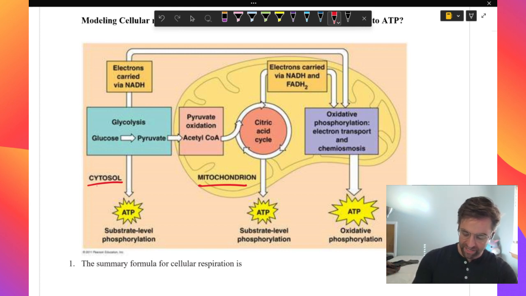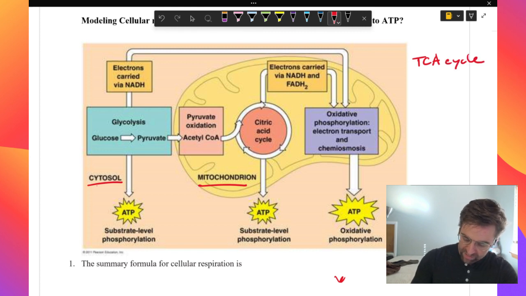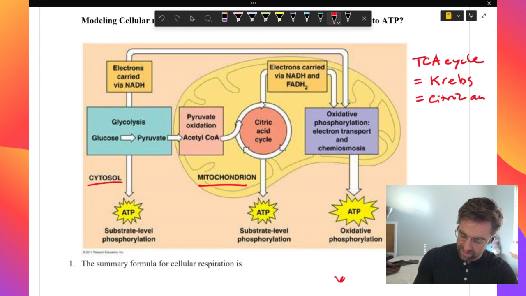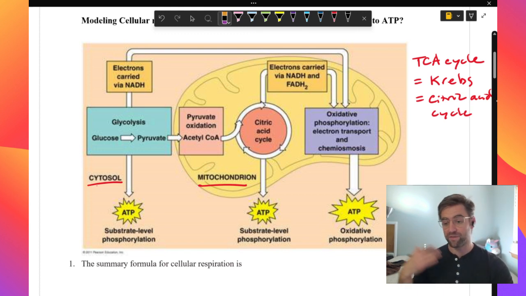Now, the citric acid cycle will sometimes be called the TCA cycle, and sometimes the Krebs cycle. These all mean the same thing. You need to know all of those names because they'll be used fairly interchangeably depending on who you're talking to, when they were educated, where they were educated. All different ways of referring to the same thing.